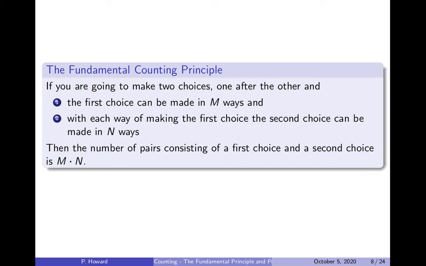So if you're making two choices, one after the other, the number of ways of making those two choices together is m times n.